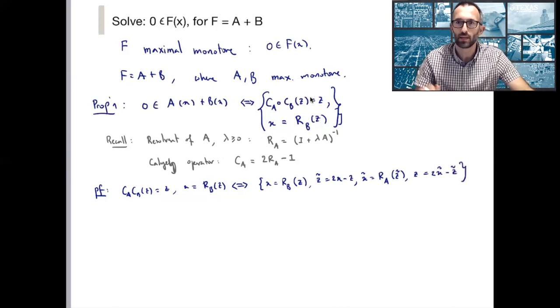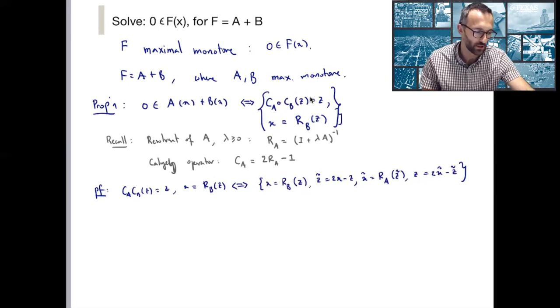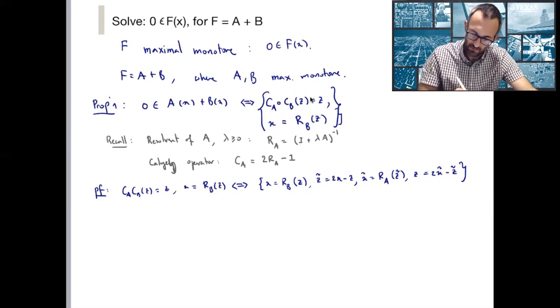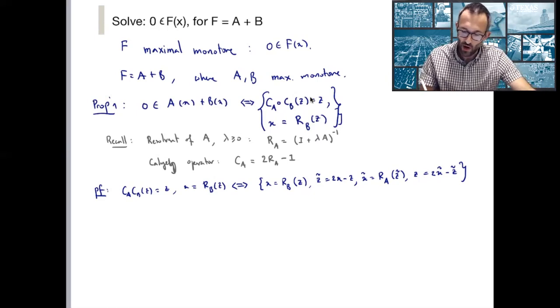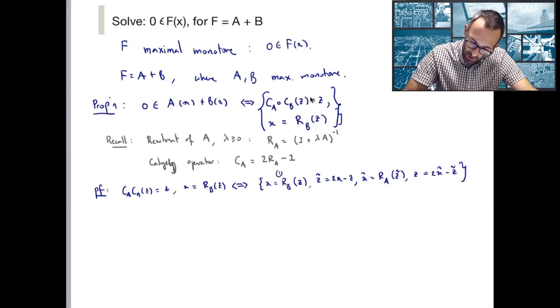Just plugging in, you'll immediately see that these are equivalent, again using the definition of C with respect to R. C is equal to 2R minus the identity. So it's straightforward to check this. So now note that this implies, in particular, if I subtract, let me label these equations 1, 2, 3, 4.